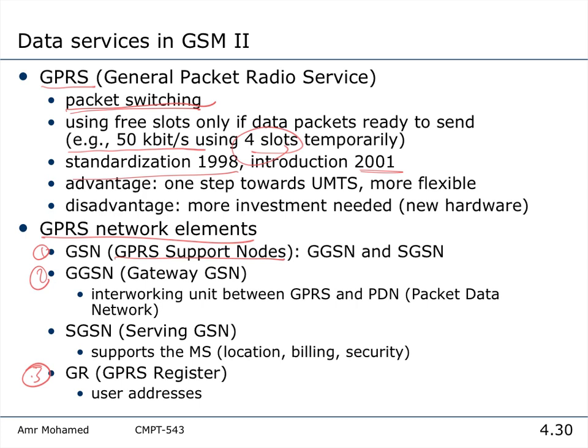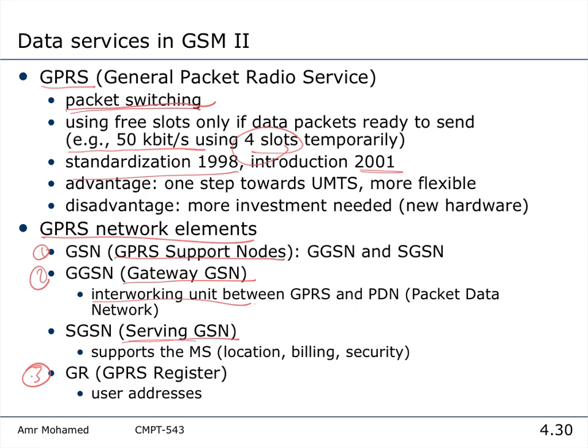And we have the gateway GPRS support node, which contains the interworking function between GPRS and other technologies, and this corresponds to the gateway MSC. This serving GSN is actually the GSN in that particular location. So in every location we have a GSN, and that's called the serving GSN.